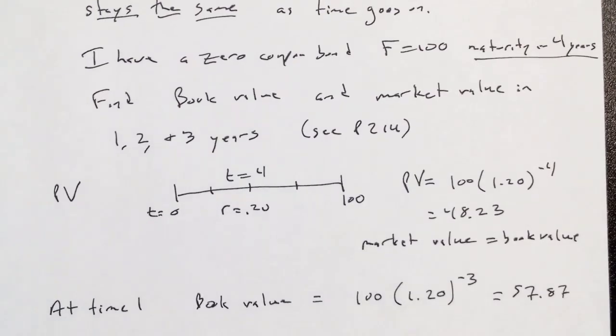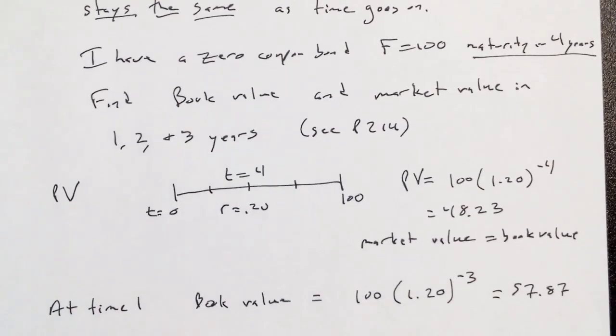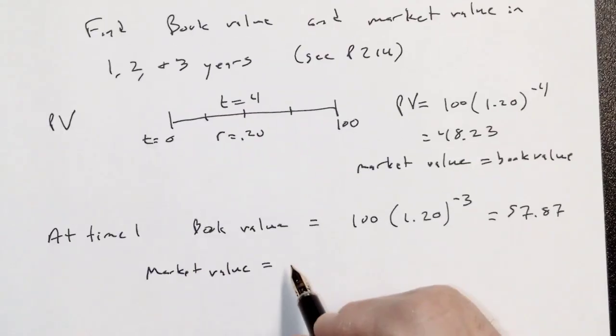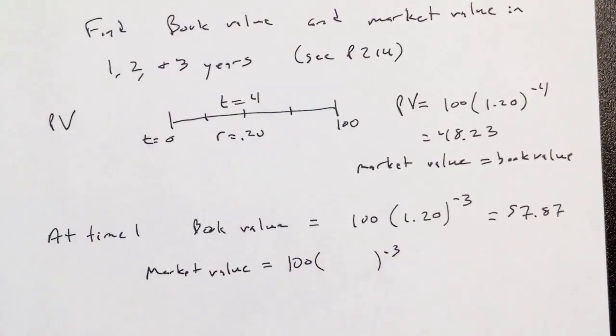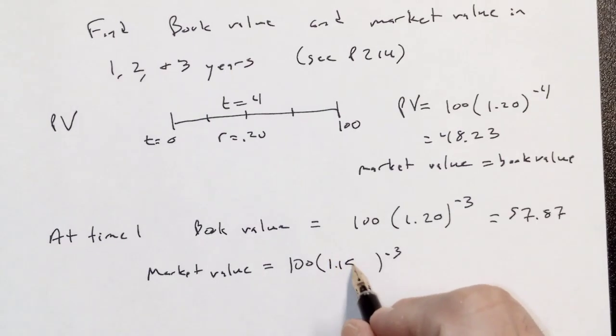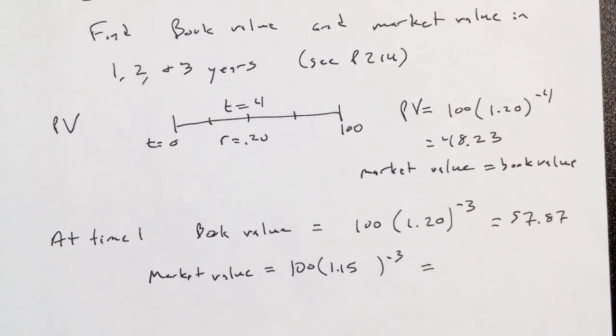The market value would now be at a different interest rate. Because if I want to buy something that's 3 years out, not 4 years out, I have to use the spot rate for R3, not R4. And the spot rate for R3 is 1.15. And this is a different value. What's this one?